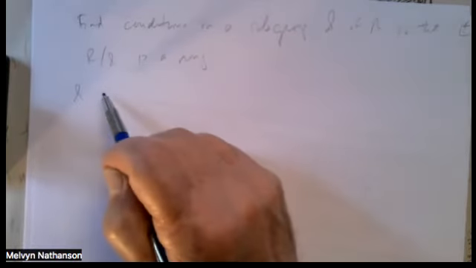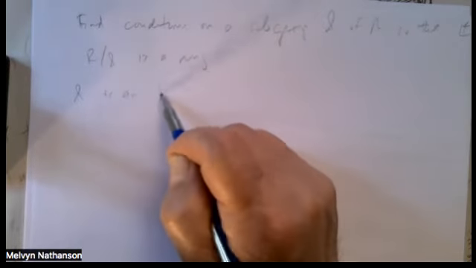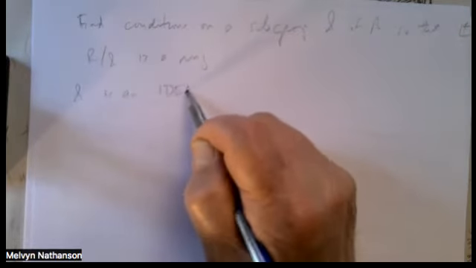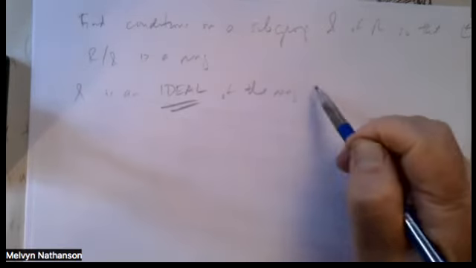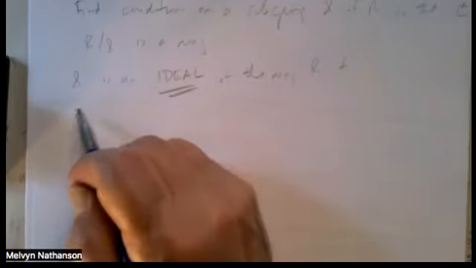It turns out that a necessary and sufficient condition is the following. I is called an ideal of the ring R if it satisfies the following two properties.